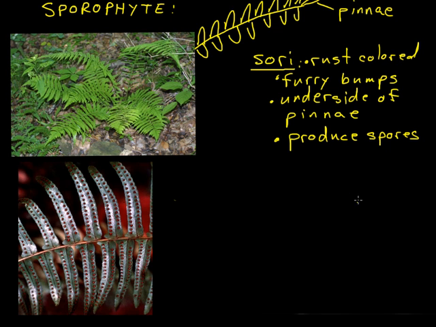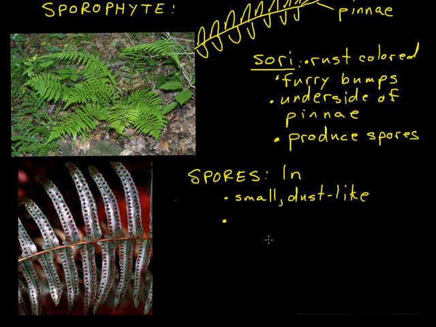These sori, once again, produce spores, and spores are produced as a result of meiosis. That means that they are 1N. They're very small and dust-like, and very similar to pollen grains, in that they are how these plants get moved around.